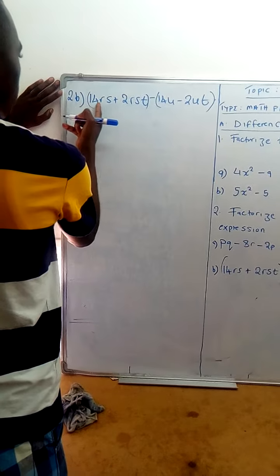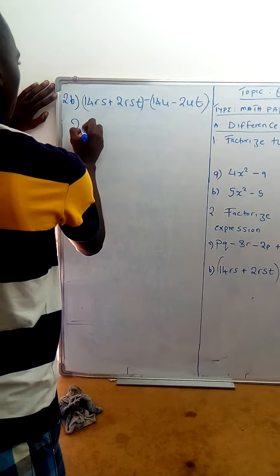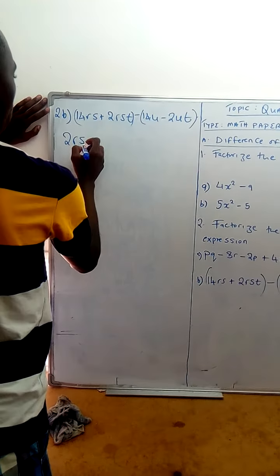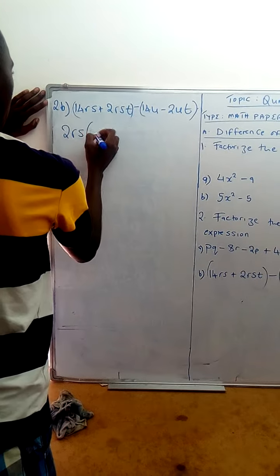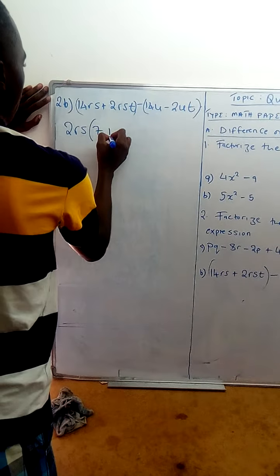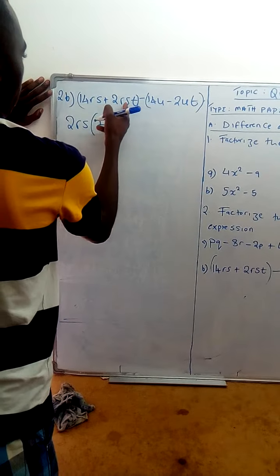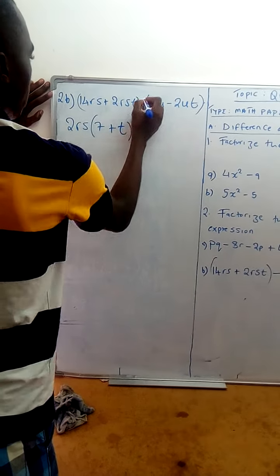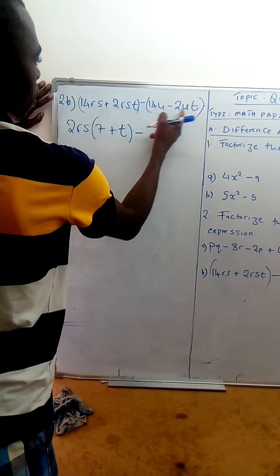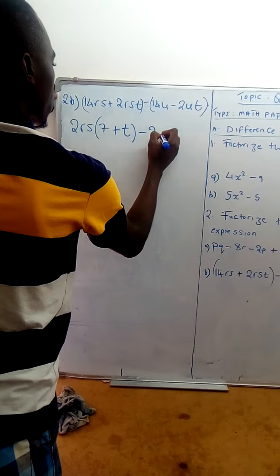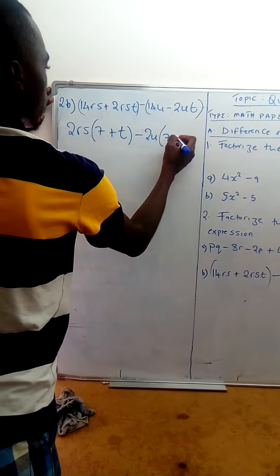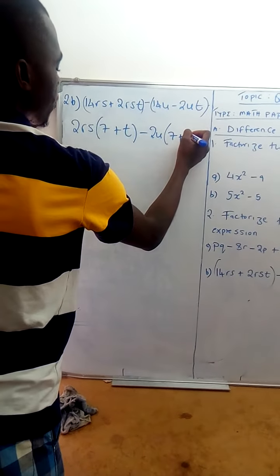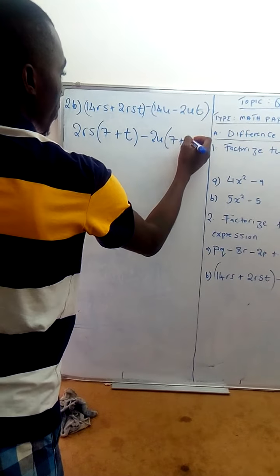Then you ask yourself, here at least I think 2rs is common. So 2rs, you open the brackets here. 2 in there, it's 7, plus you bring down, then the 2rs, so you only remain with a t. Bring down the minus. Here what is common is 2u, so 2u, open brackets, you remain with a 7. Negative and negative will give you a positive. Then here also you remain with a t.